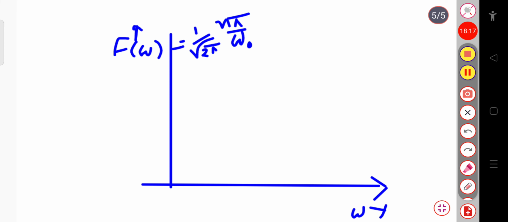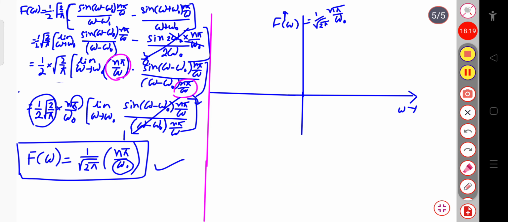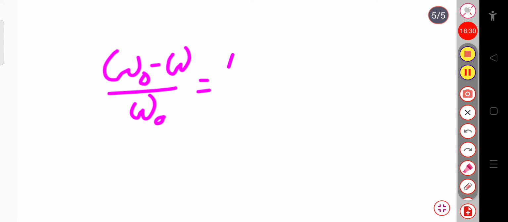Here we can see that this omega naught minus omega divided by omega naught, suppose I write this as delta omega, that is the change from omega to omega naught, delta omega divided by omega naught. If this exists, the zeros for this, then for what condition?